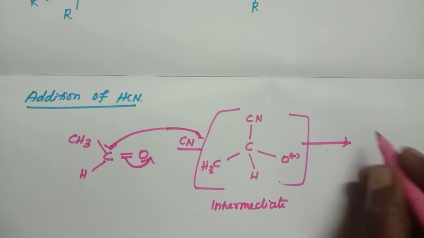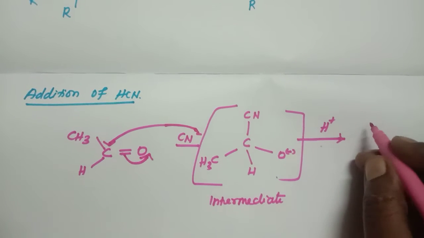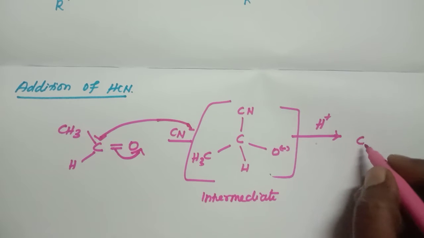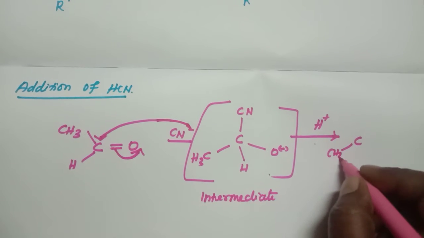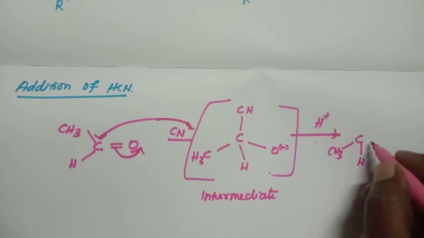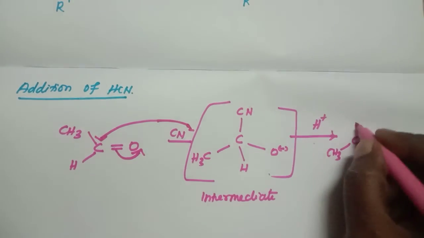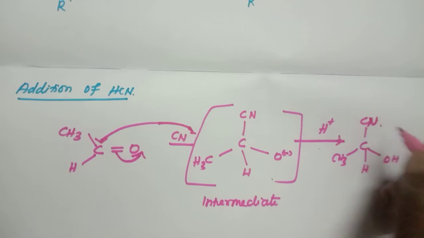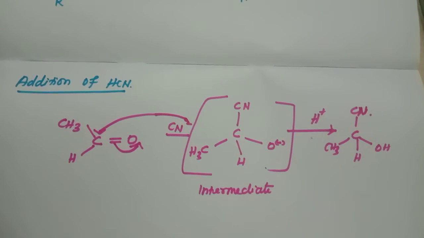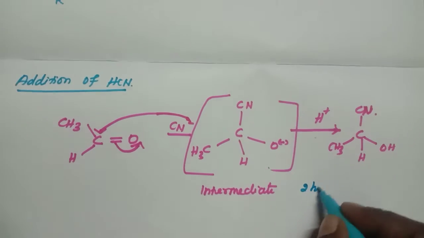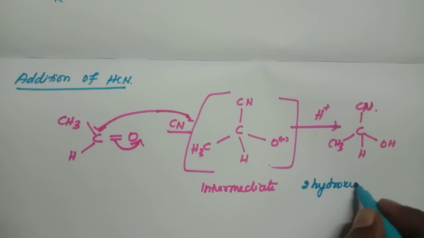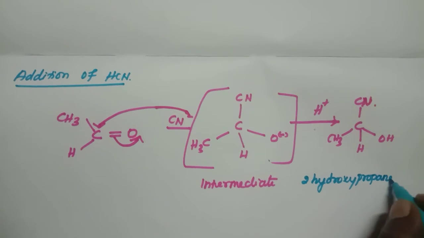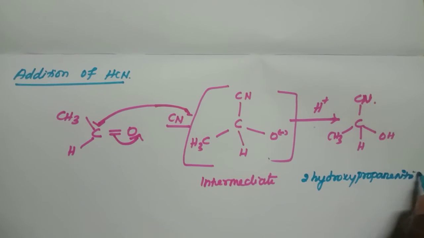It undergoes hydrolysis and gives cyanohydrin. The name of this compound is 2-hydroxypropanenitrile.